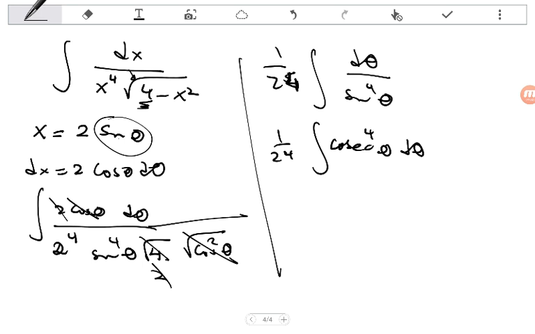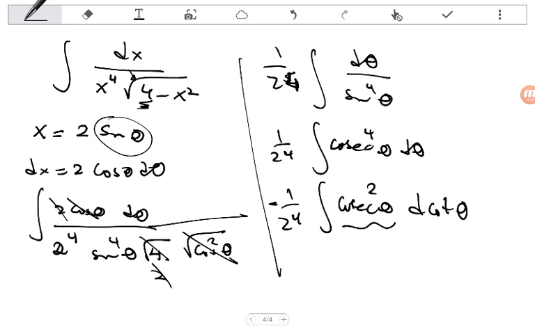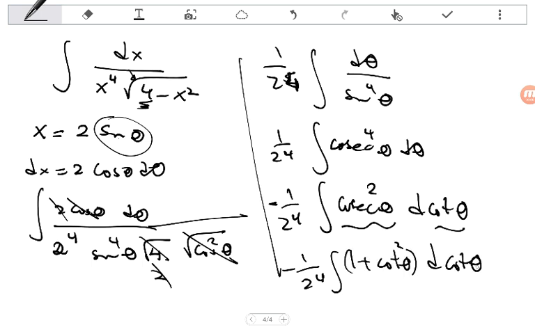We have learned whenever we have an even power for cosec or sec, we take sec squared or cosec squared after the d. So this will be 2 over 4 cosec squared theta d cotan theta, in a negative. Now we just need to express this in terms of cotan theta, which will be 1 plus cotan squared theta d cotan theta.